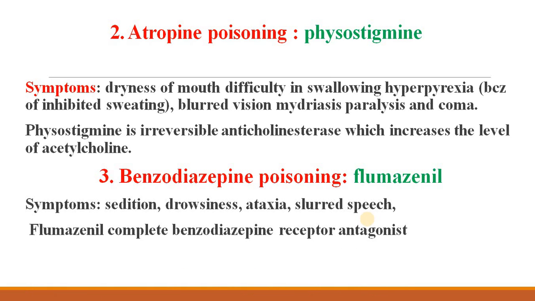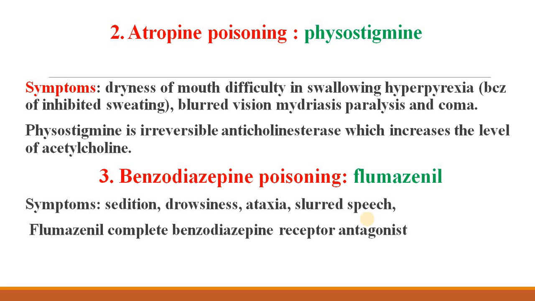So why is flumazenil used in benzodiazepine poisoning? Flumazenil is a complete benzodiazepine receptor antagonist. You know the mechanism of benzodiazepines: they act on the benzodiazepine receptor, that is the alpha subunit of the GABA receptor.